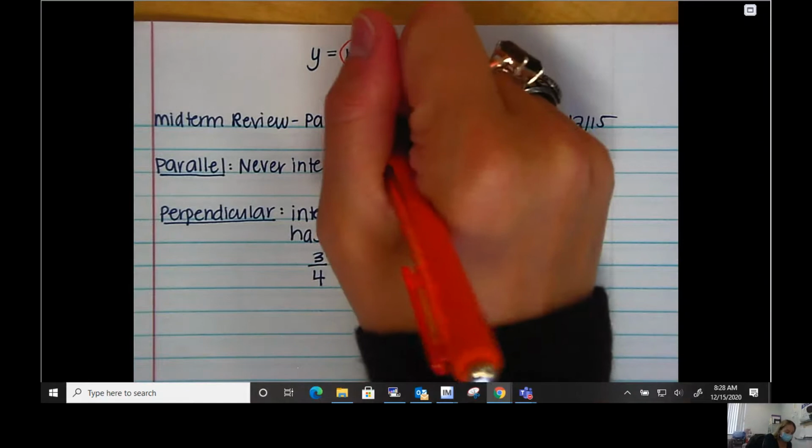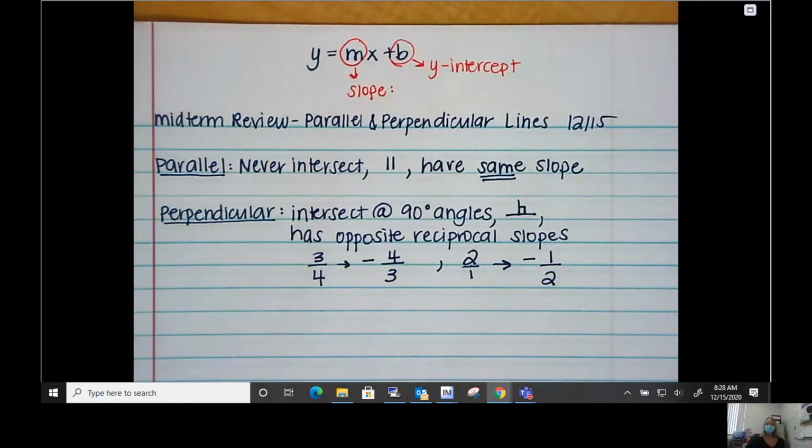Does anybody remember what slope actually is? What does slope mean? If I say the slope of this floor is 0, what does that mean? Good. It doesn't go uphill, it doesn't go downhill, it's just a flat surface. If I'm going up a hill, you have a positive slope. Going down a hill, you have a negative slope.